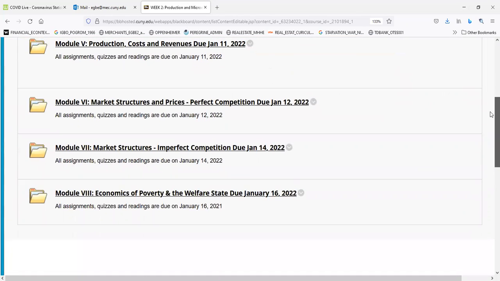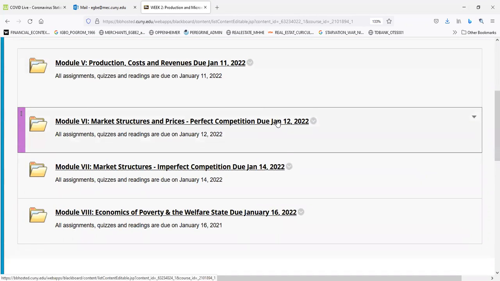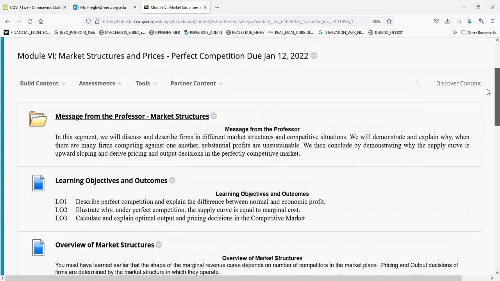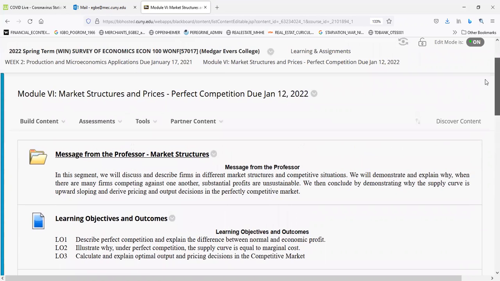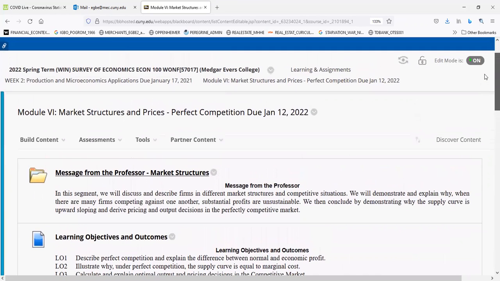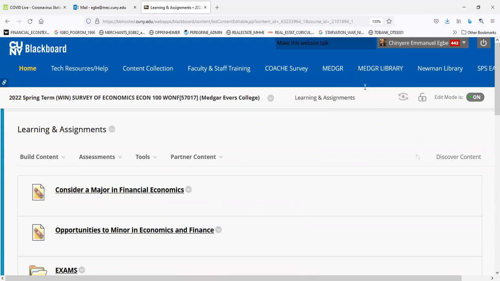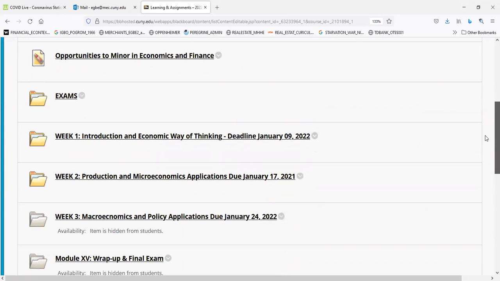What will really be on the midterm will only go up to module 4. That is what we had during the first week. Okay, so everything up to module 4 is going to be on the midterm?